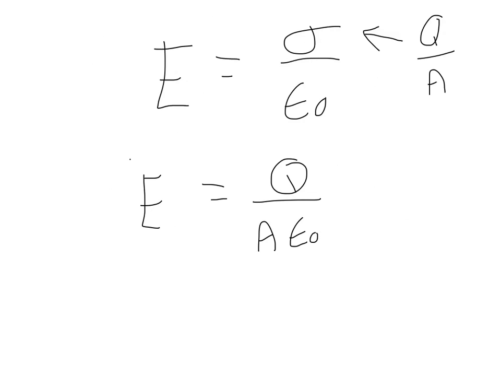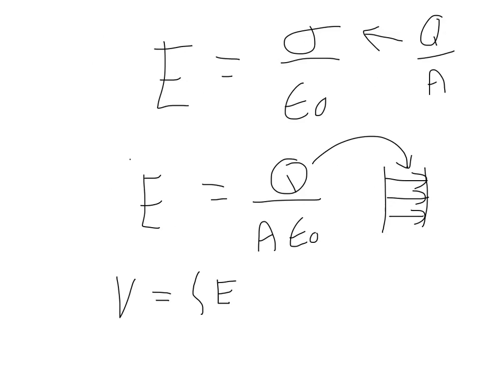So what's the voltage, or the potential difference between the plates? If we have two plates here, and they have a uniform electric field between them, with this value in it, the potential is equal to the integral of E, the electric field, dot dx, where x is this distance here, and dx is the incremental amount here.